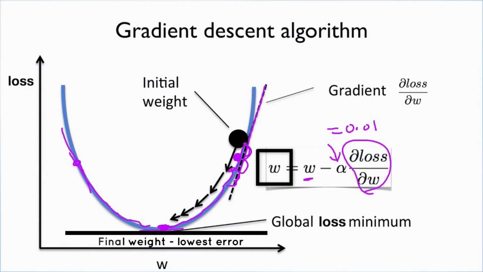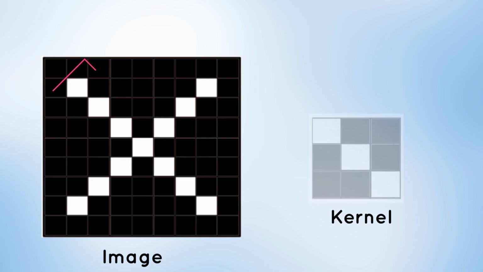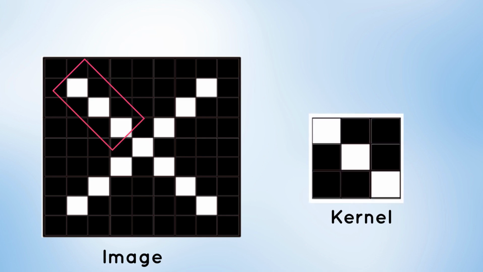But that being said, convolutional neural networks possess an ability known as translational invariance. The idea is that if a kernel is able to detect a feature in one part of the image, since we're convolving it throughout the entire image, it is likely that it can detect the same feature somewhere else.